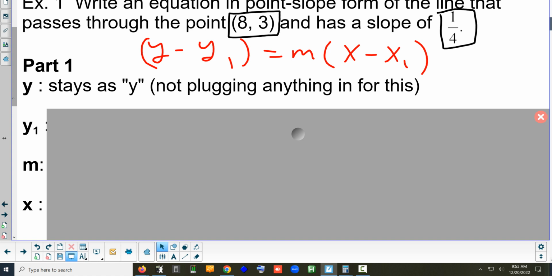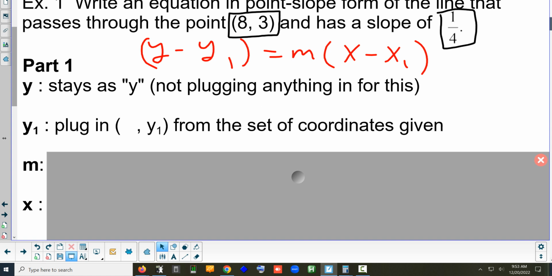You only have one coordinate this time. So y1 is the number that comes after the comma in the coordinate they give you. So in this case, it's a 3. So I'm just going to put that at the end there because this time it's a 3. It's not always going to be a 3. This time it's a 3.